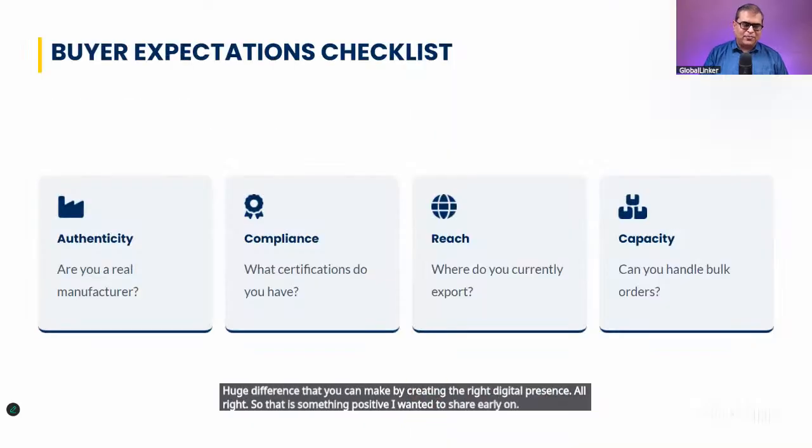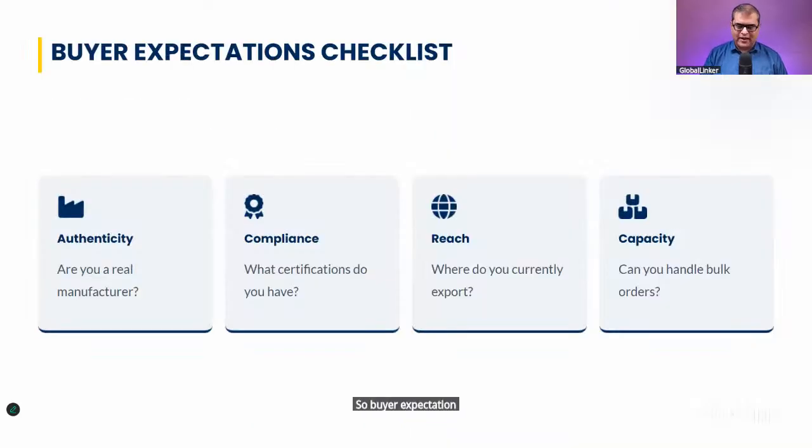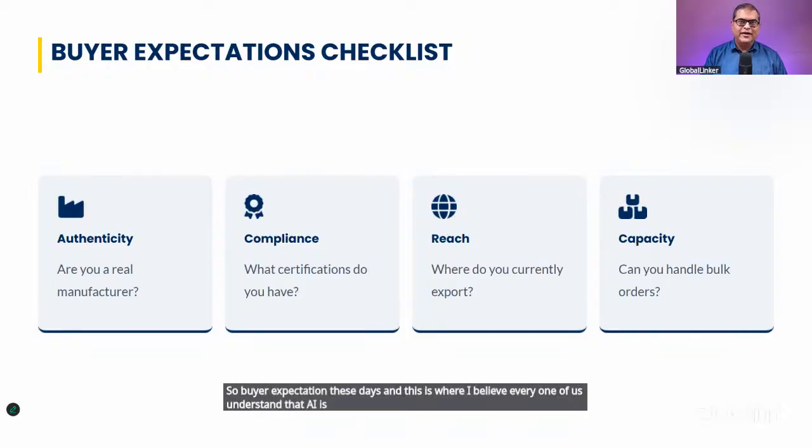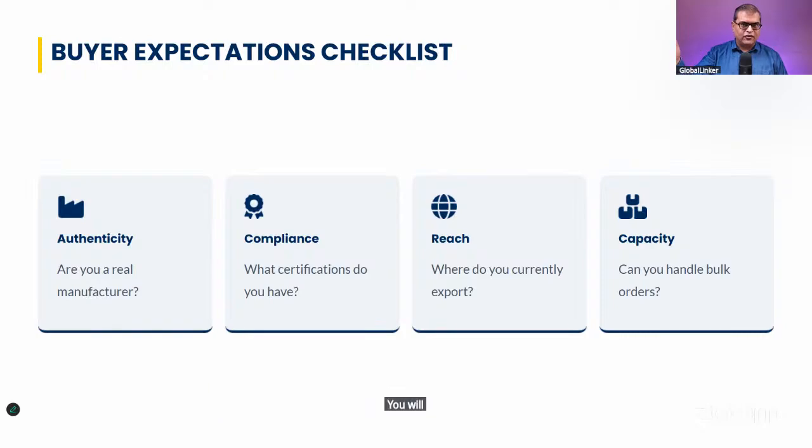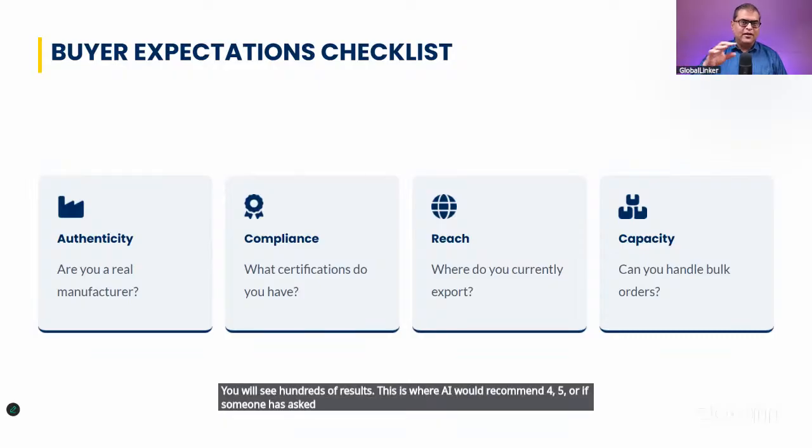So, buyer expectation these days, and I believe every one of us understands that AI is going to replace traditional search. It has already started doing that. More and more international buyers are using AI to find suppliers. But unlike Google, wherein if you search for something you will see hundreds of results, AI would recommend four, five, or if someone has asked for 10, then only 10, not hundreds.